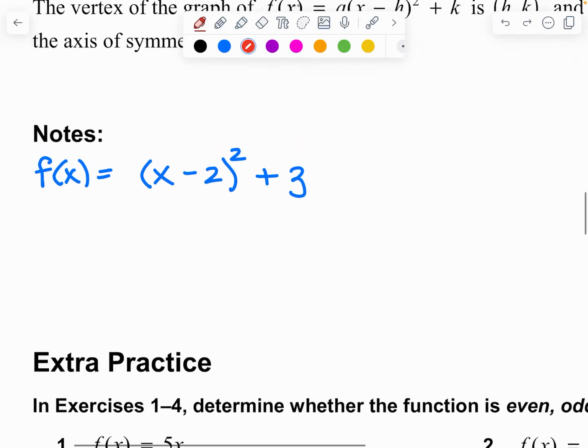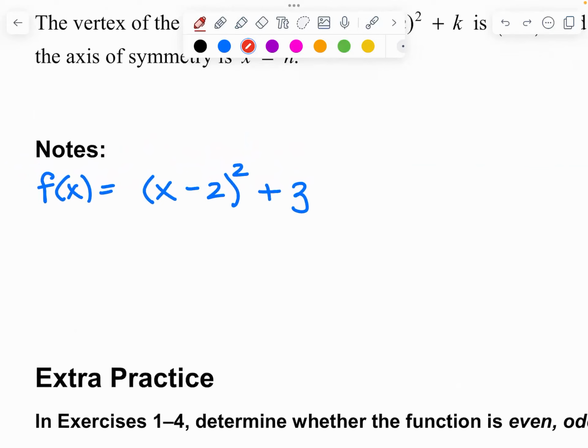Which way is that moving it? Left or right? Right. Okay. This means right 2. x minus 2 means we're going right 2. What about the plus 3? Up 3. That one goes up 3.